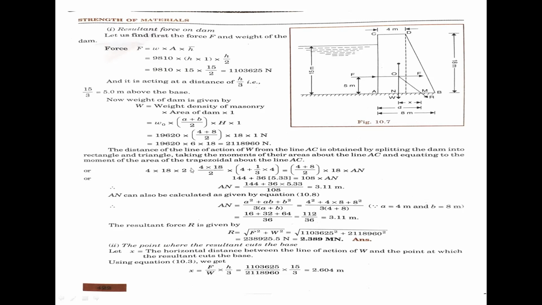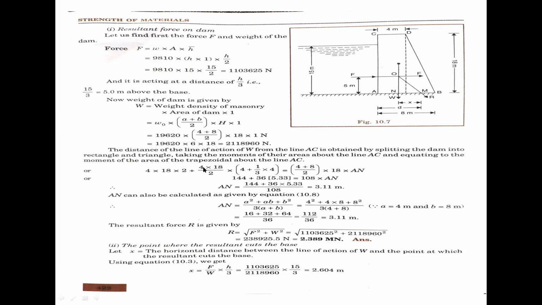You have to write the formula for a rectangular shape, a trapezoidal shape and a triangle shape. Now you take 4 into 18, that means the width of the dam into the total height of the dam, into 2, taking half of the portion.